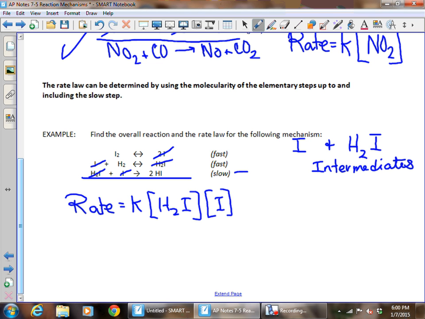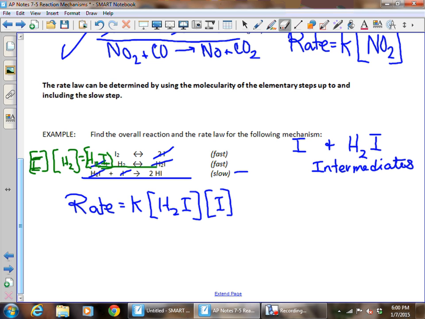So we're going to have to use information from the previous steps in order to solve this equation. So what we want to do first is just to write what the other reactions would be as parts of the rate law. Remember, one thing you need to realize is that if substances are added in a chemical reaction, they're multiplied in the rate law. So this second reaction, I times H2 equals H2I.